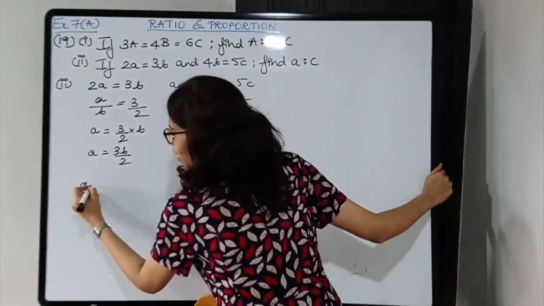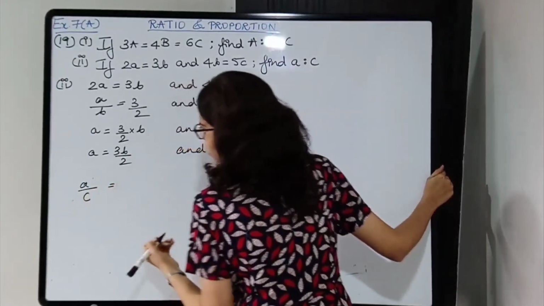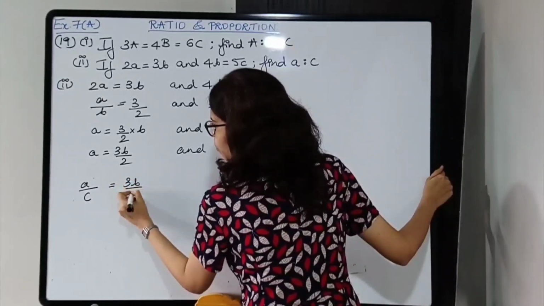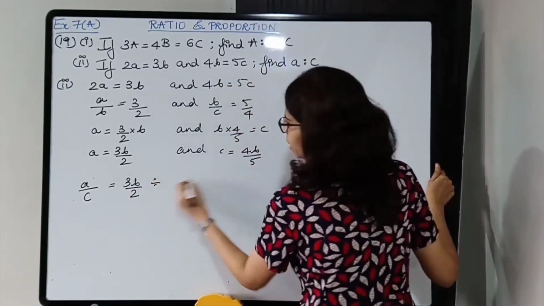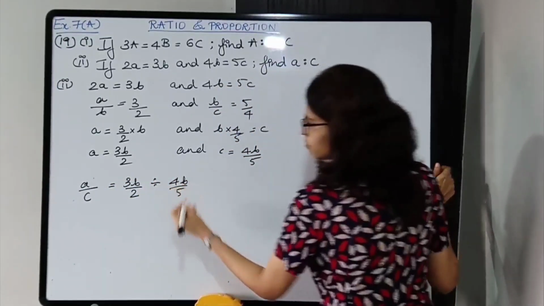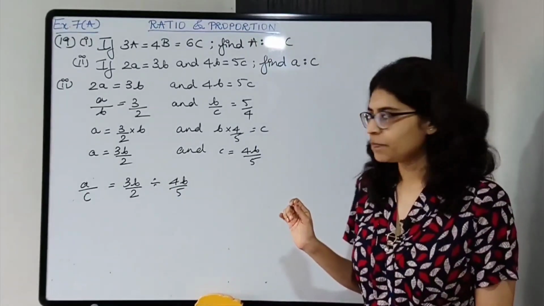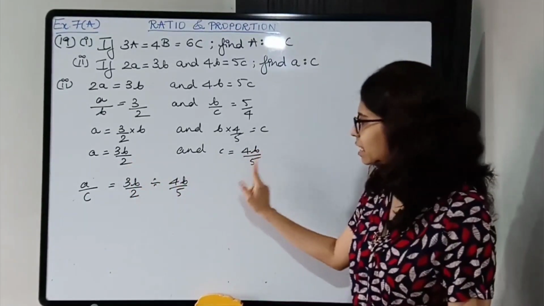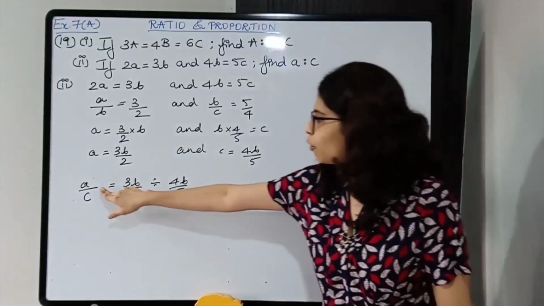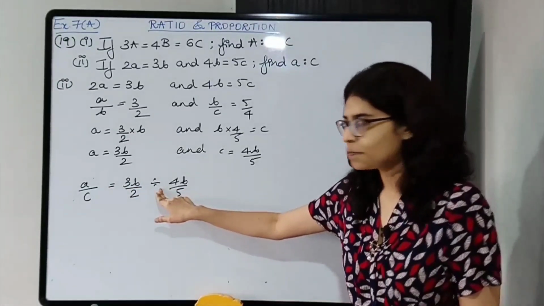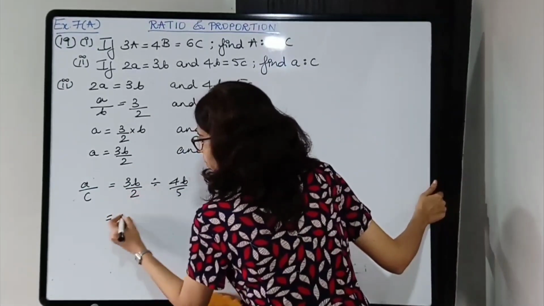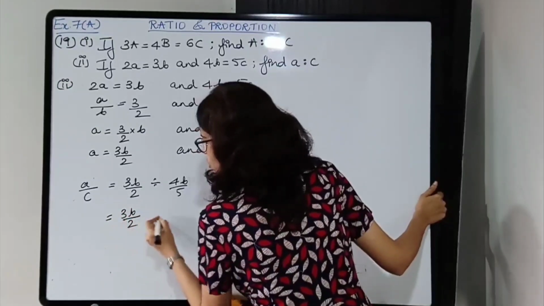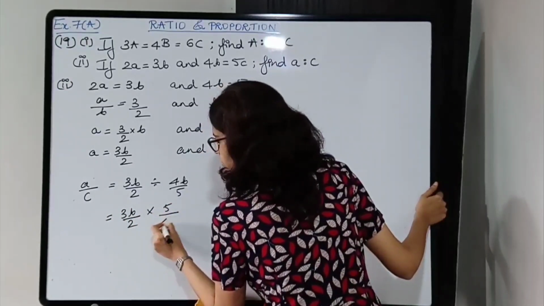So a upon c will be equal to 3b upon 2 divided by 4b upon 5. है ना, a का वैल्यू इज दिस, c का वैल्यू इज दिस. सो अपॉन है, सो डिविजन है ना. नाउ डिविजन को मल्टीप्लिकेशन करते हैं, सो रेसिप्रोकल हो जाएगा.